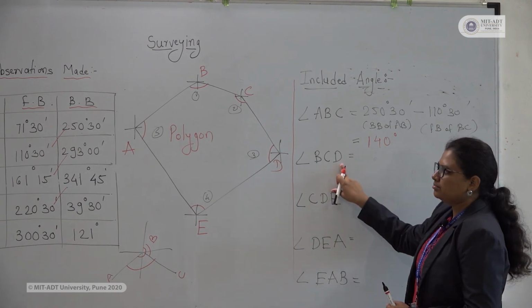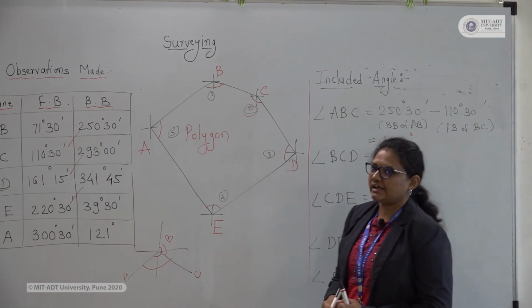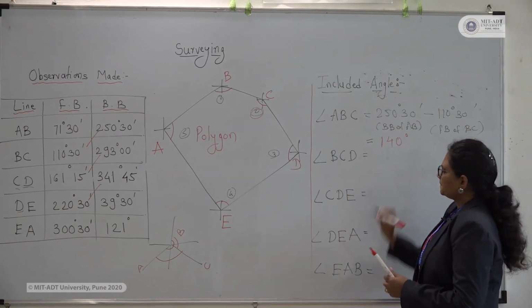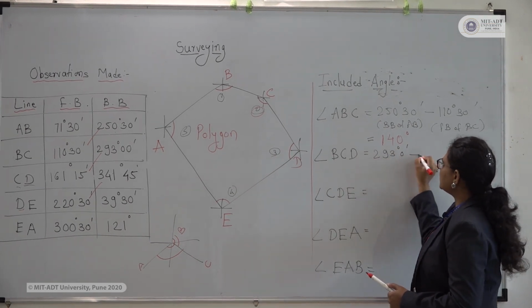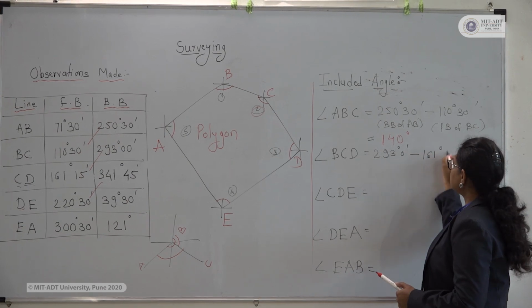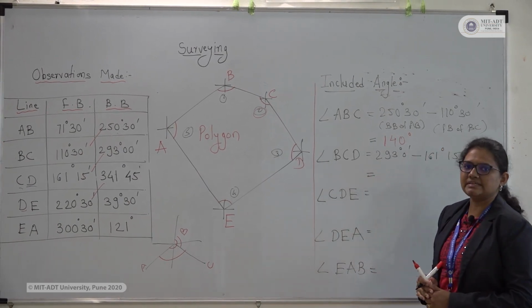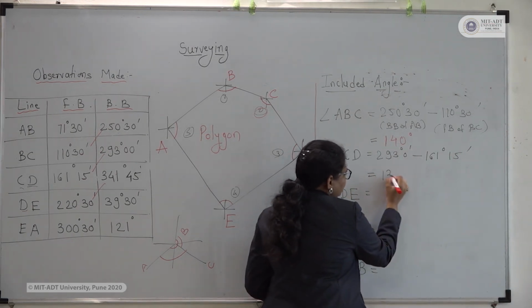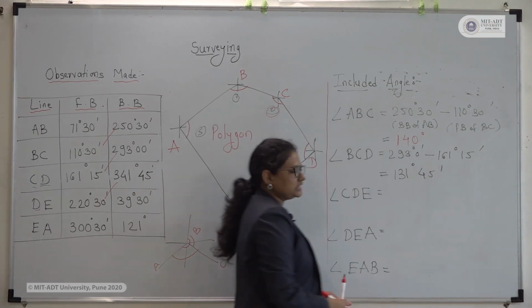For angle BCD, if we have to find this second included angle, then we have to take the difference of 293 degree 0 minutes minus 161 degree 15 minutes. So you will get angle BCD, and by calculation the value of angle BCD is 131 degree 45 minutes.